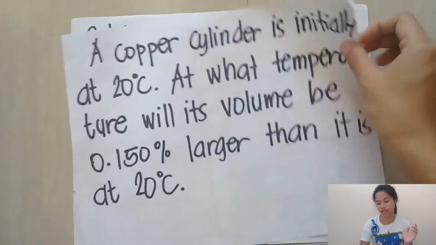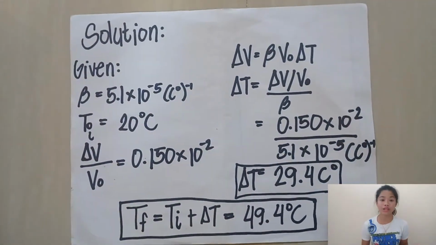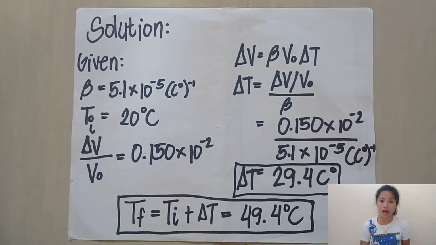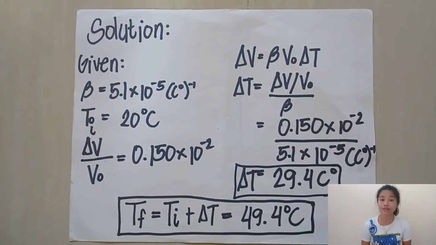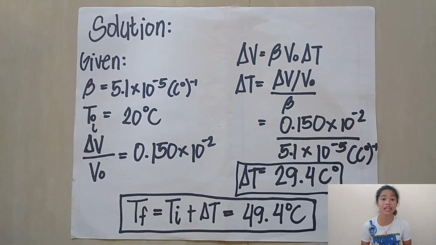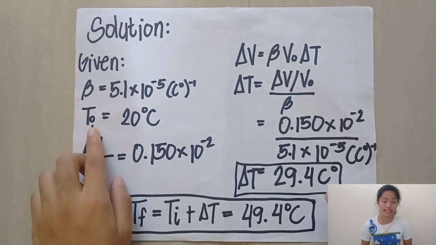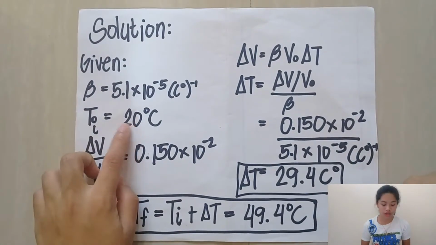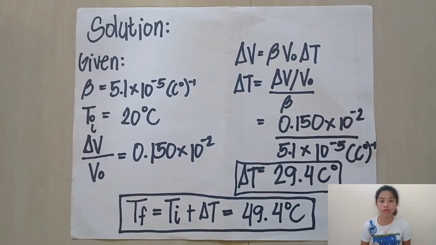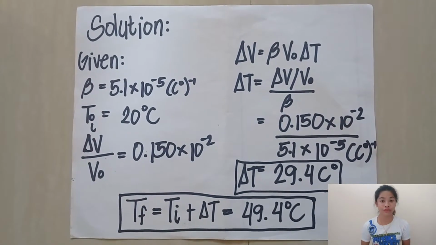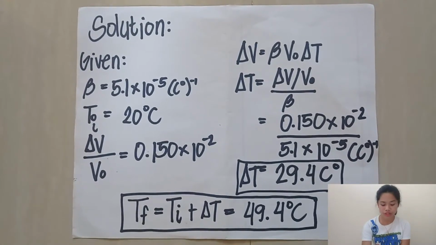So, solution. The given values are the beta, which is 5.1 times 10 to the power of negative 5 Celsius degrees inverse. Then, the initial temperature of 20 degrees Celsius. Then, the volume change, of course, of 0.150%.